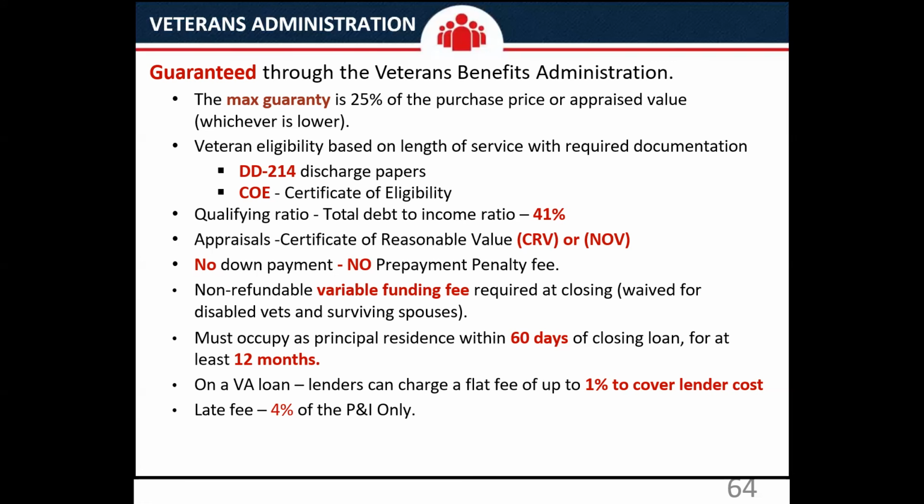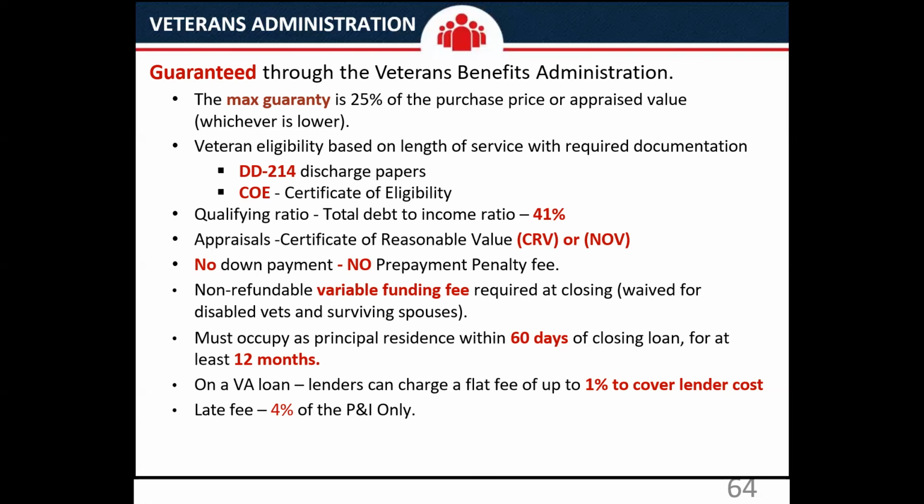VA loans require no down payment and have no prepayment penalties. The VA charges a one-time, non-refundable variable funding fee. That fee is required at closing, and it's used to pay our costs as MLO and everything.